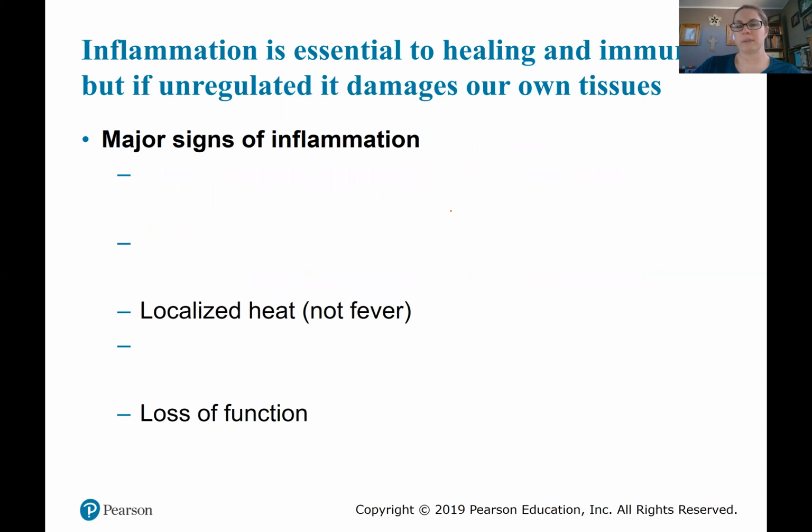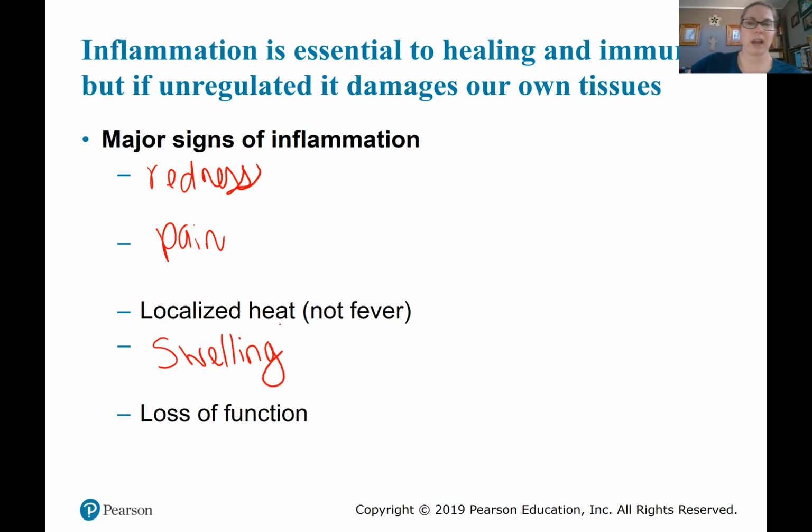Some major signs of inflammation, you guys can probably come up with some of these: redness, which may or may not always occur, but could be; pain; localized heat, not necessarily fever, but that inflamed area may be a little bit warmer than it should be; swelling; and perhaps a loss of function.